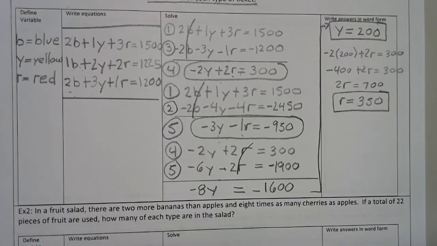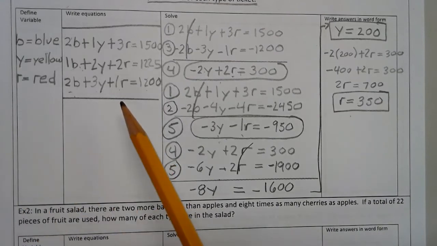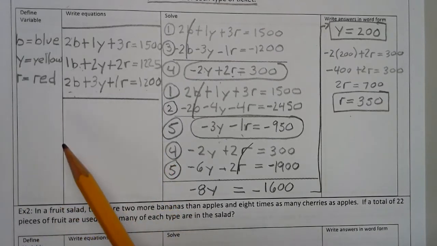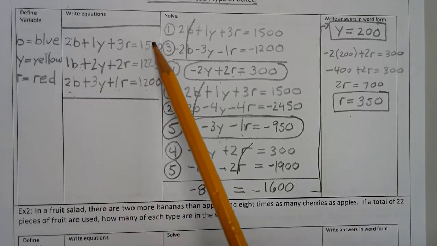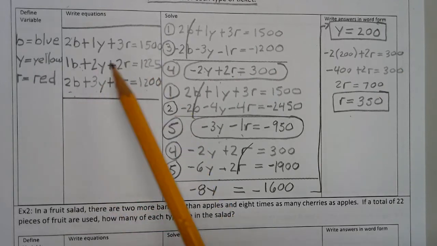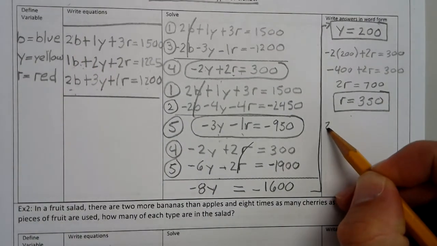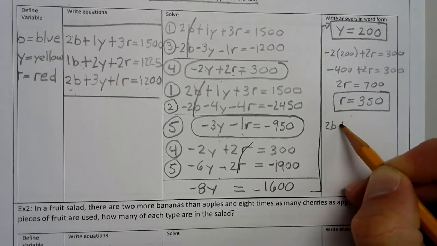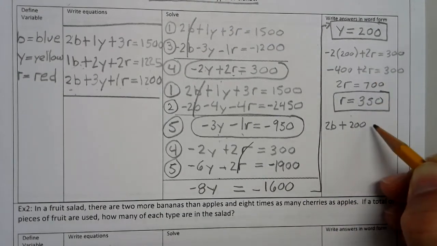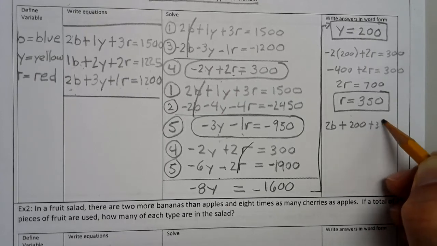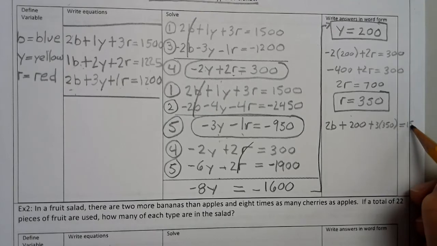All right, and then the last thing is you're going to plug both of those values into one of the original equations. You look for one that's probably the easiest to work with. It really doesn't make a difference, but I think 1500 is probably an easier number than 1225, so let's just use the first one. So then you have 2b plus 1 times 200 is just 200, plus 3 times 350 equals 1500.